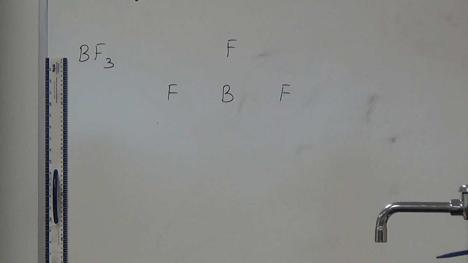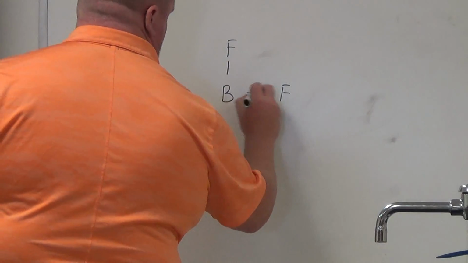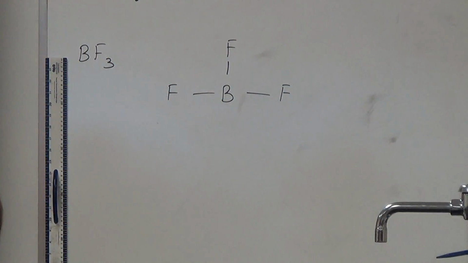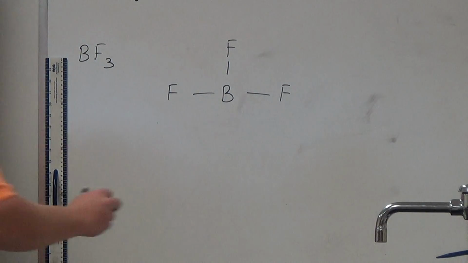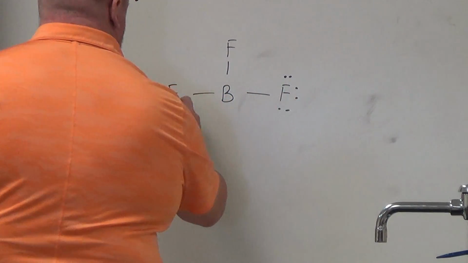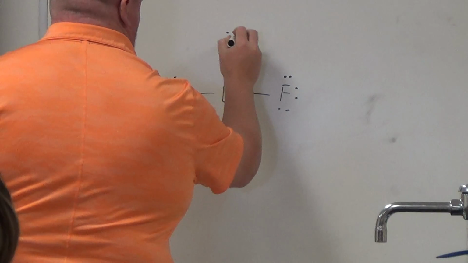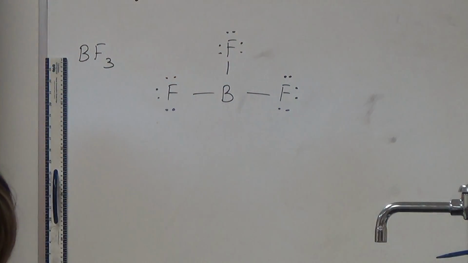12 pairs. How many pairs do I use for my single bonds? 3 pairs. How many do I have left? 9 pairs. I start filling the octets of the terminal atoms. How many pairs do I use to fill the octets of the fluorines? 9.